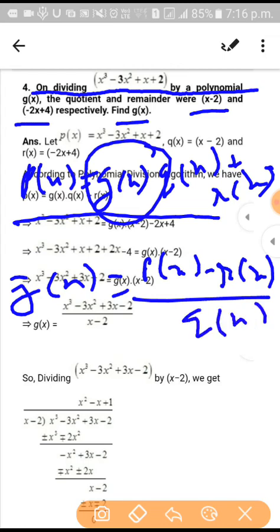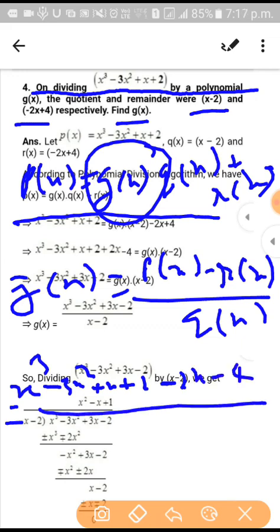Then put the values. What is px? X cube minus 3x square plus x plus 2 minus rx, and rx is minus 2x plus 4, and this minus will change all the signs, so this will be plus 2x minus 4, and divide by the quotient, that is x minus 2.